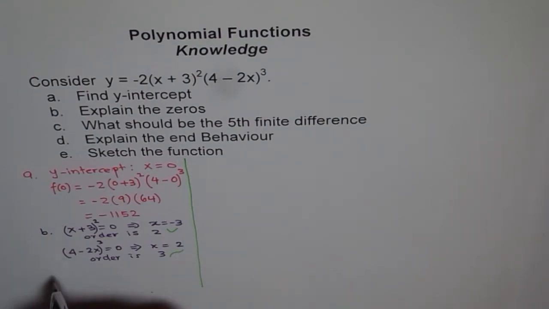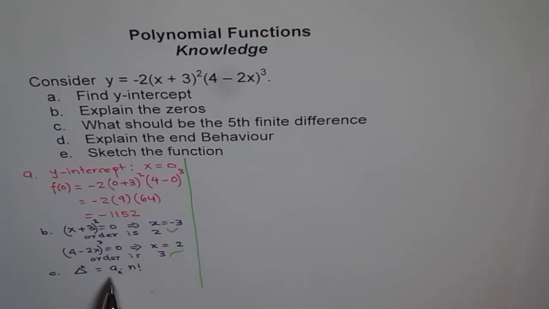The constant finite difference is equal to the leading coefficient a_n times n factorial, where n is the degree of the polynomial. So that is the relation between them, correct?